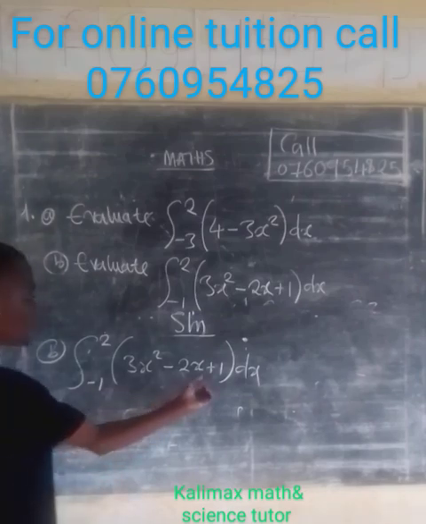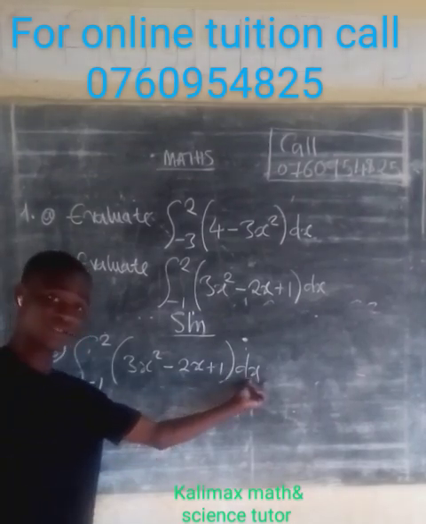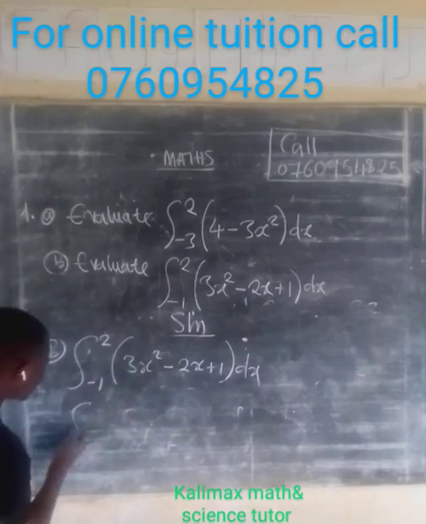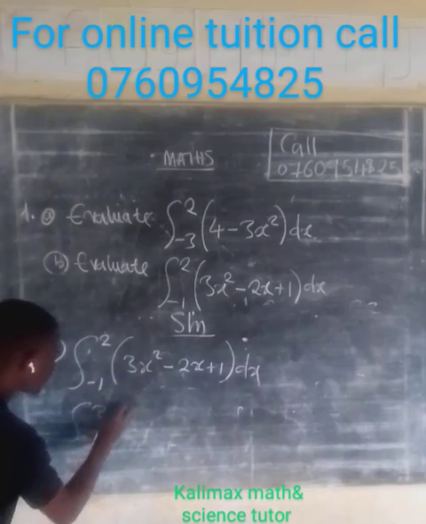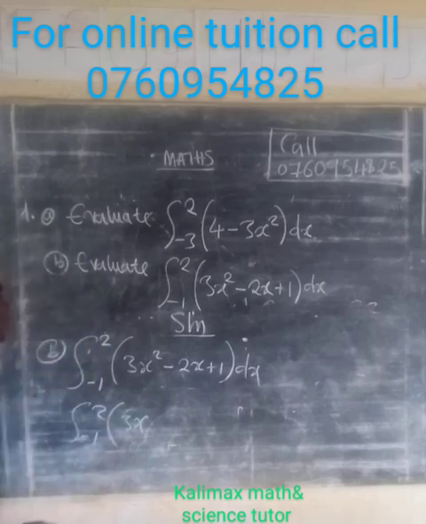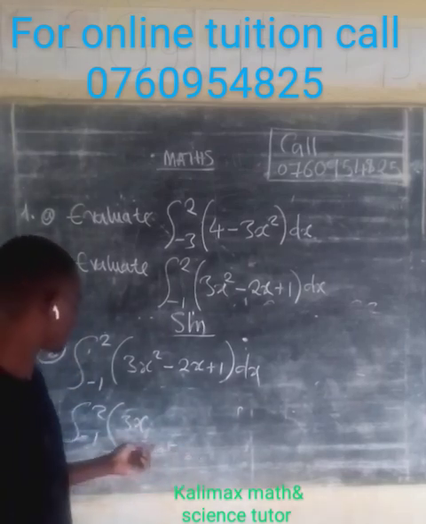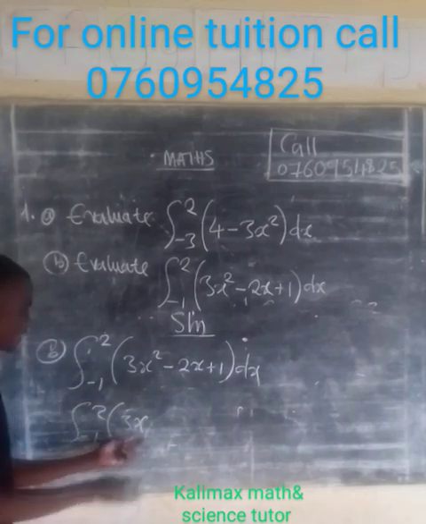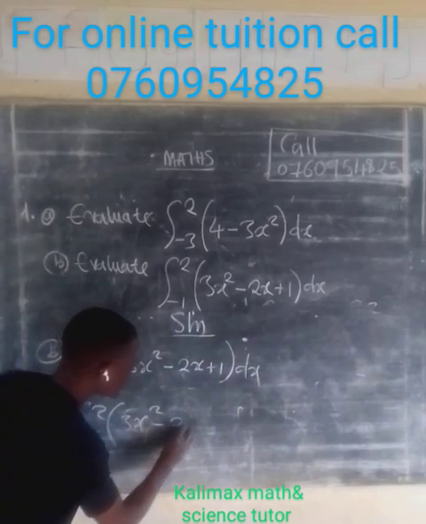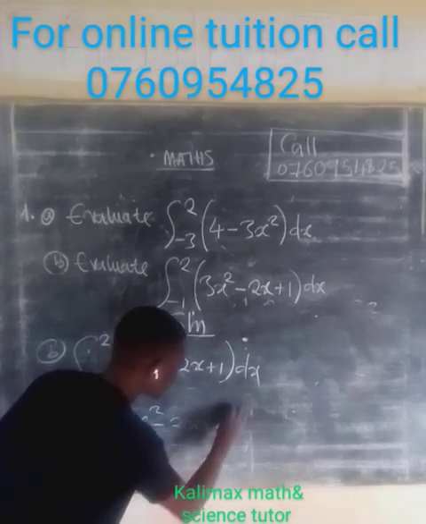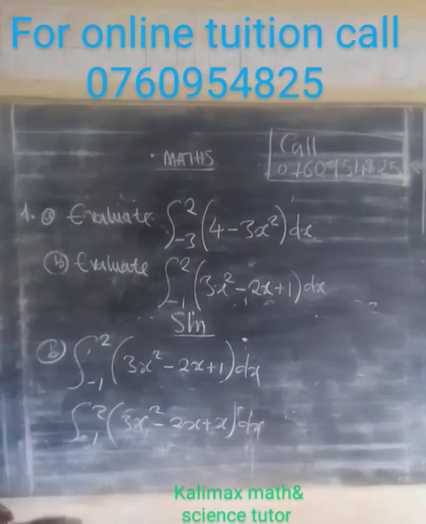Very simple. Again, we have a constant number here. Remember, we're respecting to x, meaning you write limit from negative 1 up to 2, 3x squared minus 2x plus 1 dx. Since we have done the first one, I will just go direct. Okay?